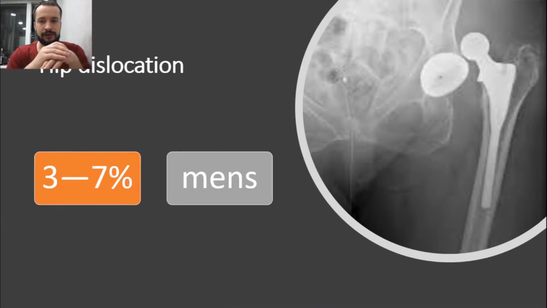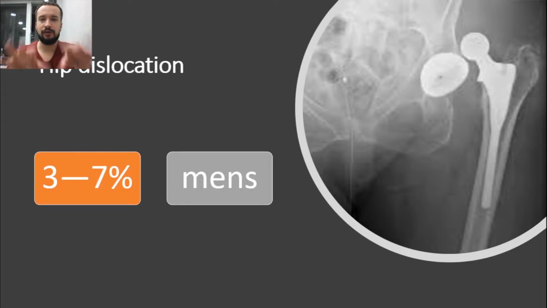For example, it is 3 to 7% of all dislocations, and it happens more often with men, and I think it's because men more often do sport and physical activity.